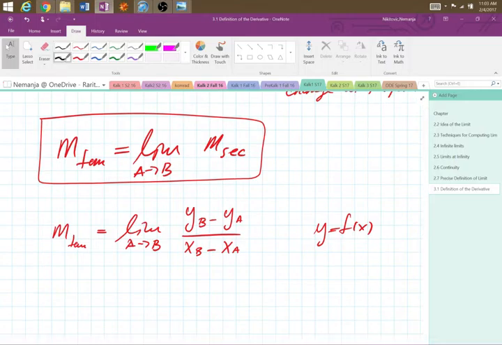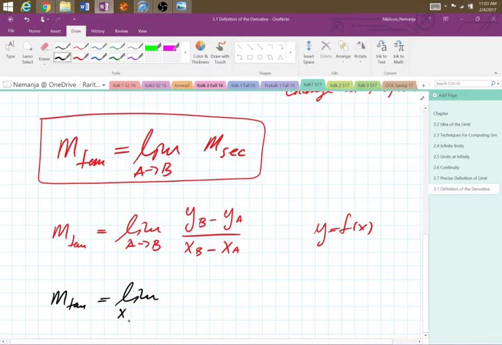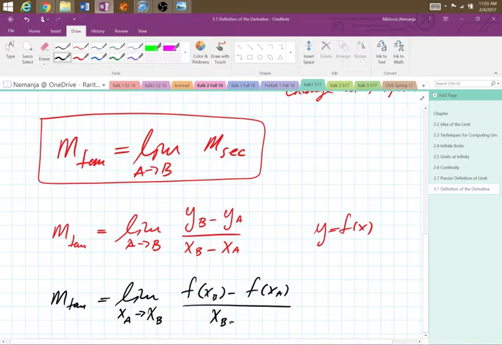Now we're going to switch to black and I'll just use the red one for the important stuff. So m tangent is the limit when xa approaches xb for f of xb minus f of xa divided by xb minus xa. Very little changed.